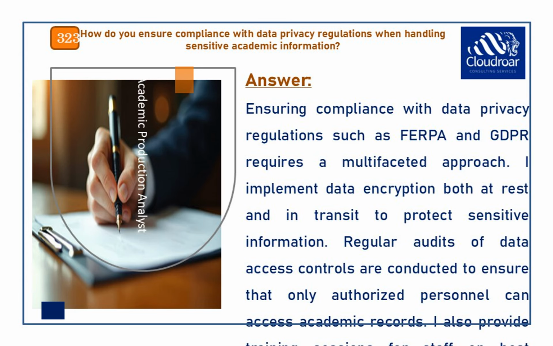Regular audits of data access controls are conducted to ensure that only authorized personnel can access academic records. I also provide training sessions for staff on best practices for data handling and privacy regulations. By fostering a culture of compliance, we minimize risks and maintain trust with students and faculty.